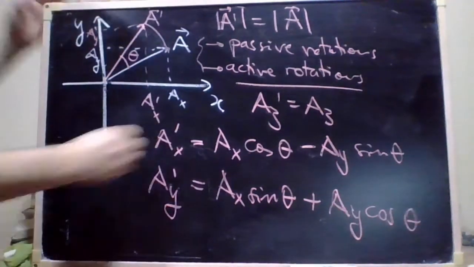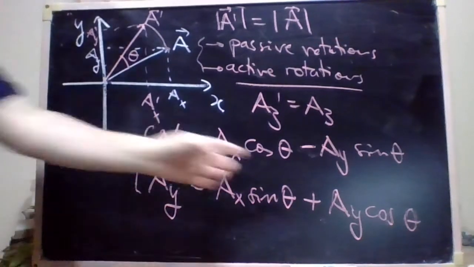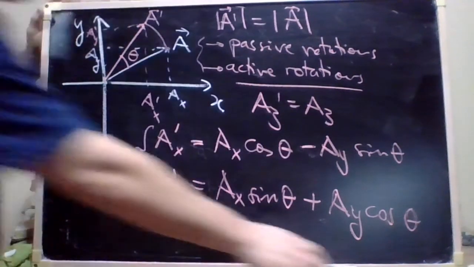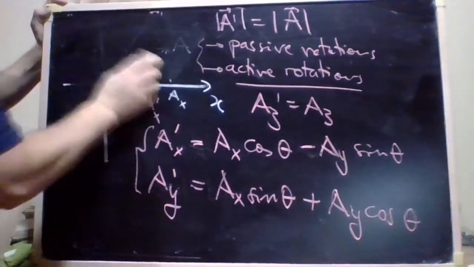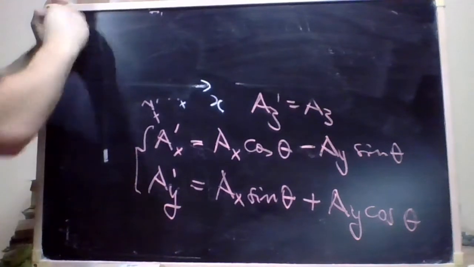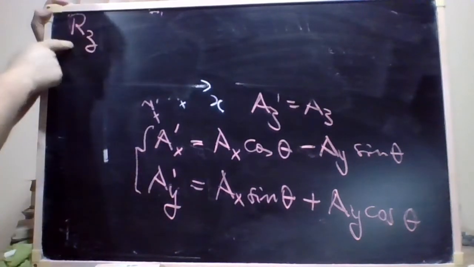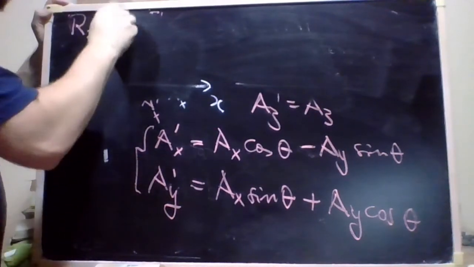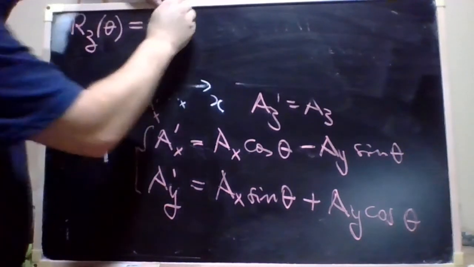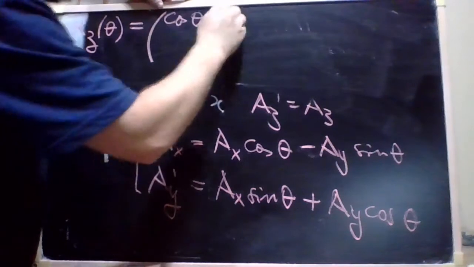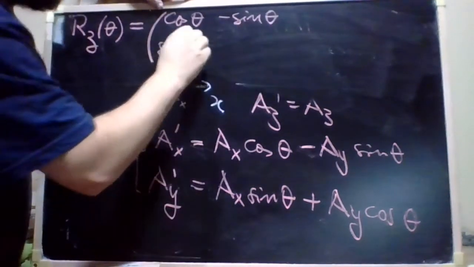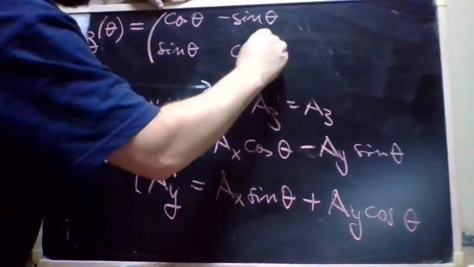All right, these are the rotations. It can be described by a matrix. So a matrix, which in this case is of the form an RZ rotation. So this rotation around the z axis by an angle of theta corresponds, this matrix corresponds to cosine of theta, minus sine of theta, sine theta, cosine.